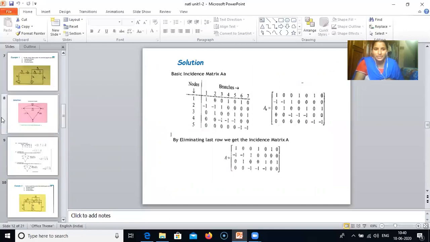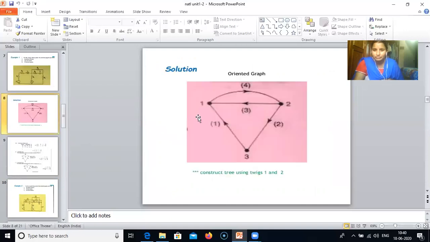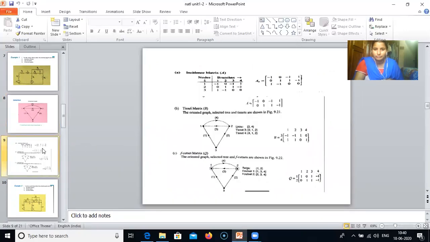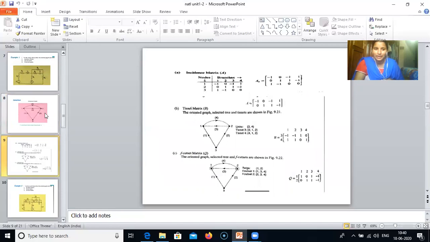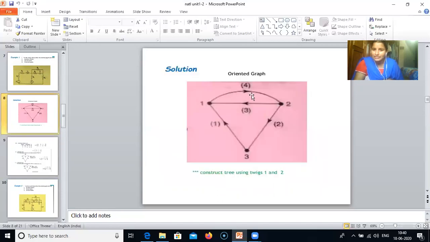So how many branches are there here? 1, 2, 3, 4 branches. So the incidence matrix will be these 1, 2, 3, 4 branches, and how many nodes? 1, 2 and 3, 3 nodes. So this is the incidence matrix. Take node 1.